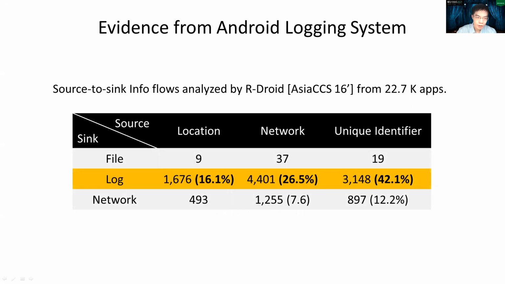According to an Android app data flow analysis study in 2016, by analyzing around 23,000 real-world apps, it finds logging system is the primary place where apps save evidentiary data such as GPS location and network information. That is to say, when a forensic analyst investigates the mobile device, log message has the highest chance to contain the useful digital evidence.